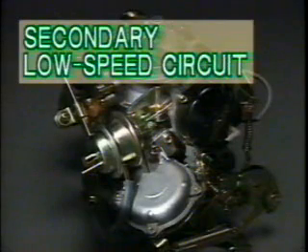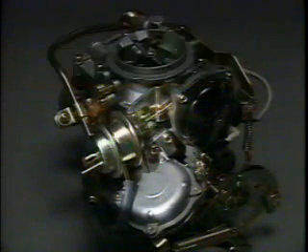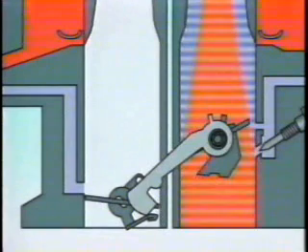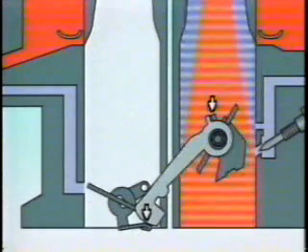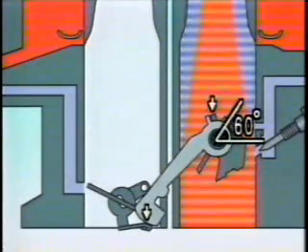Let's look at the secondary low-speed circuit for the secondary barrel. If the primary throttle valve opens more than 60 degrees, the cam in the kick-up system will force the secondary throttle valve to open slightly. Then the secondary slow port causes fuel to be delivered to the intake manifold.